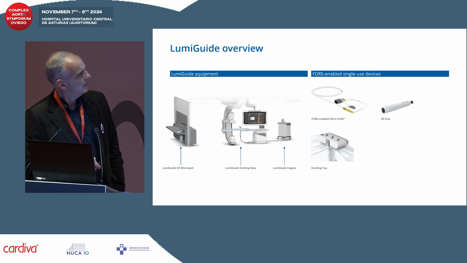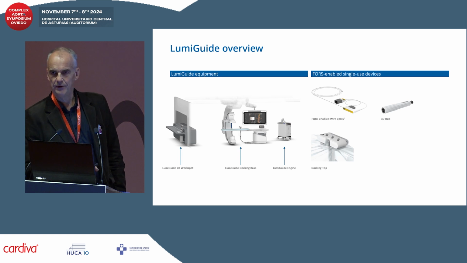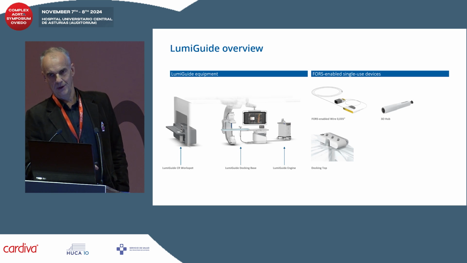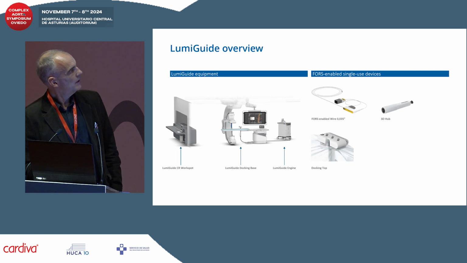This light is then reflected to the same box, analyzed, and generates a 3D visualization of the entire length of the guide wire. Then there is this 3D hub, which is the connection to any standard angiography catheter that can be used in combination with the guide.